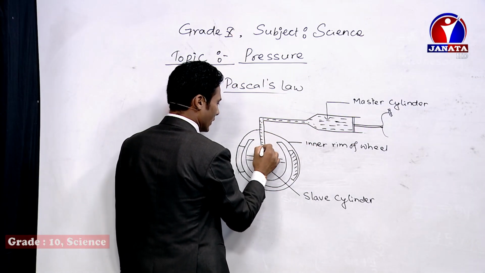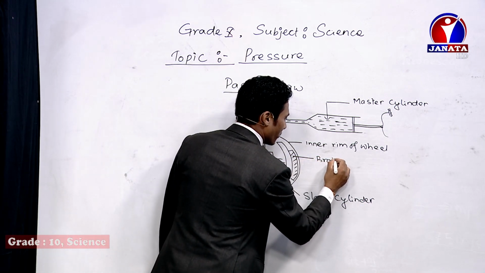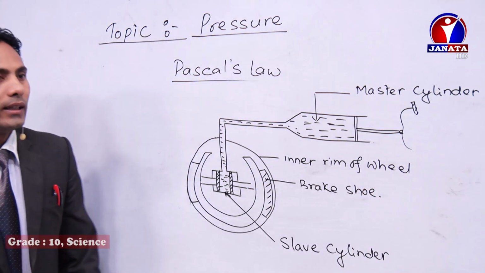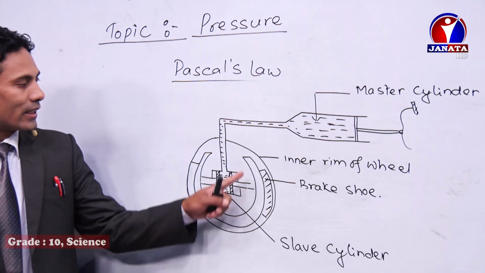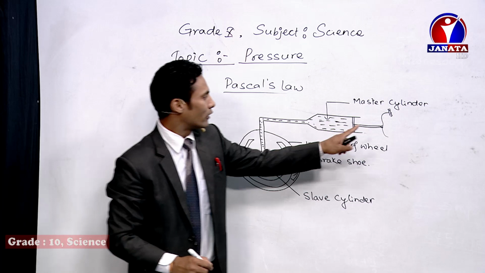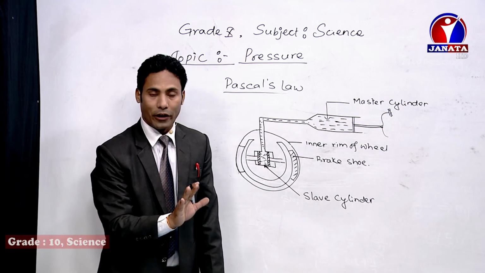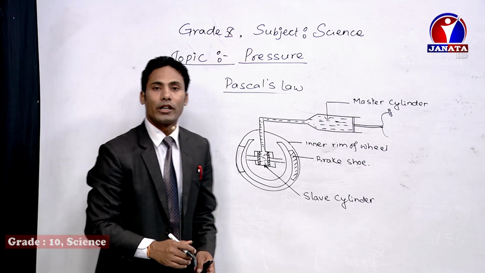This one is called the brake shoe, right? This one is the slave cylinder, this is the inner rim of the wheel, this one is the master cylinder, and this portion you have seen is called the pedal, where the brake is applied, right? Okay, so let's see how it works.